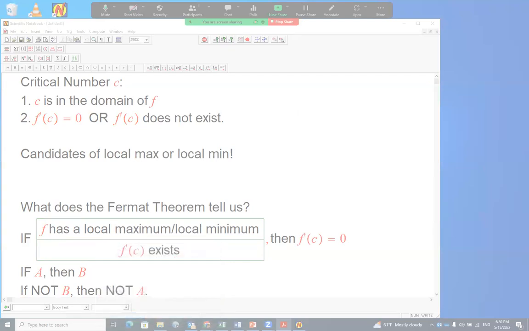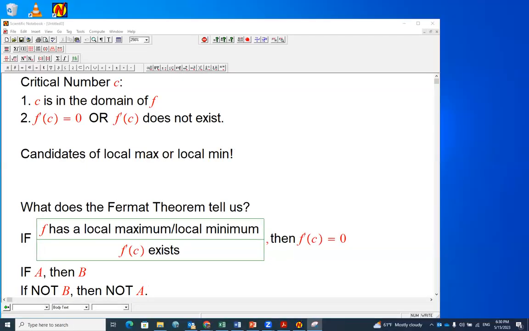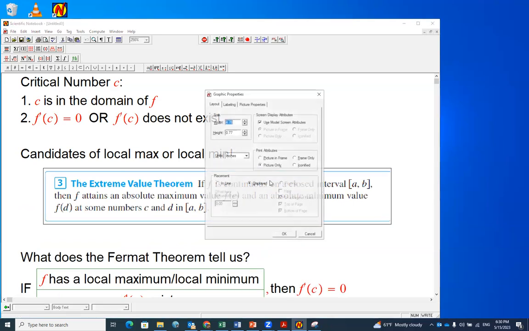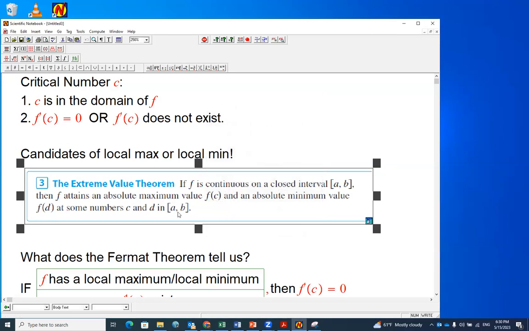It tells us that if we have a continuous function on a closed interval, then f attains an absolute max and absolute min in that interval.